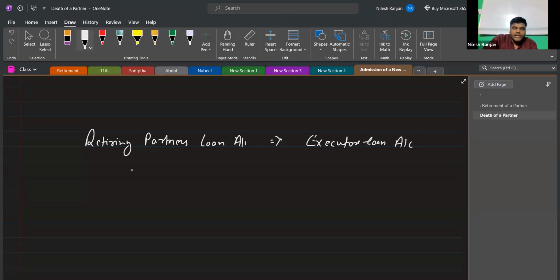In the previous class, I told you how we will pay the retiring partner's loan account.